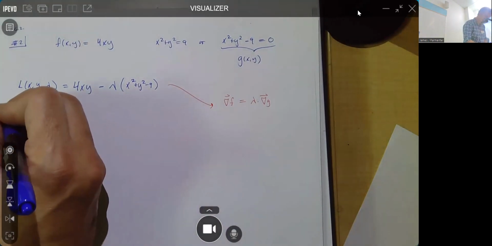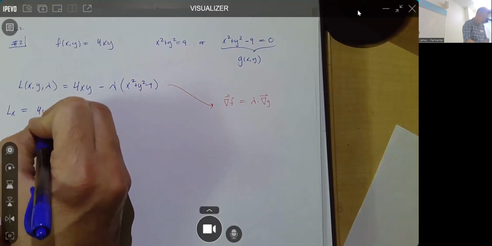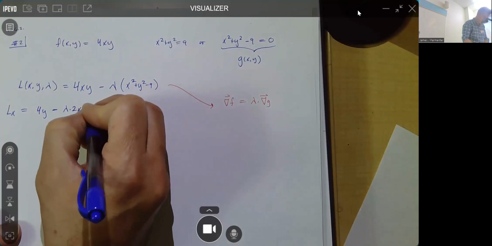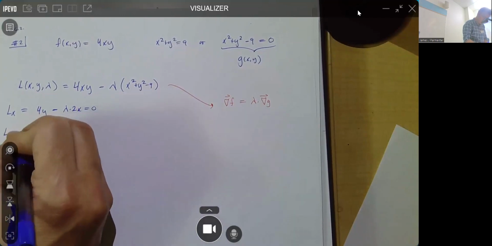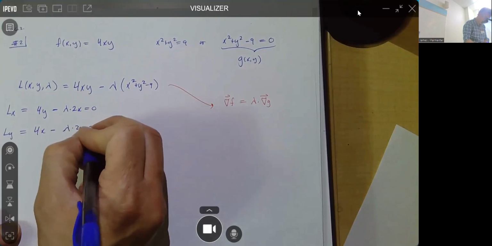When we find Lx, it's going to be 4y minus lambda times 2x equal to 0. Ly is going to be 4x minus lambda times 2y equal to 0.